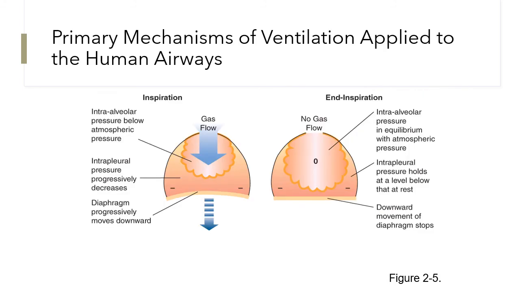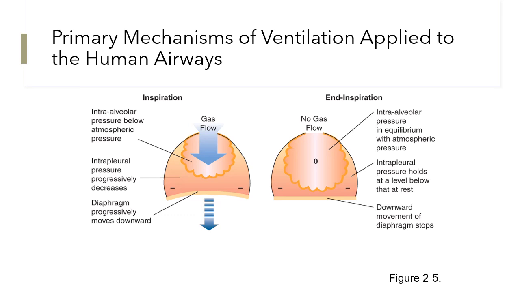This mechanism causes a pressure gradient to develop between the intraalveolar pressure and the atmospheric pressure. Because the atmospheric pressure is higher than the intraalveolar pressure, that is, a pressure gradient exists, or pressure difference, gas from the atmosphere moves through the tracheobronchial tree to the alveoli.